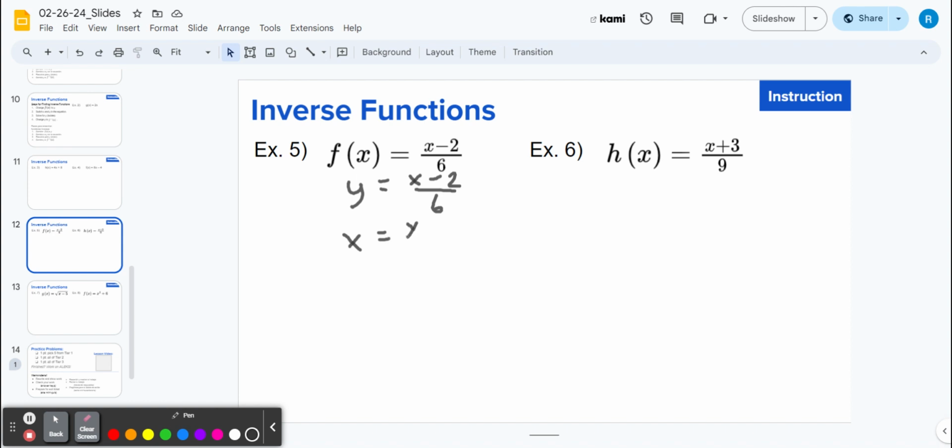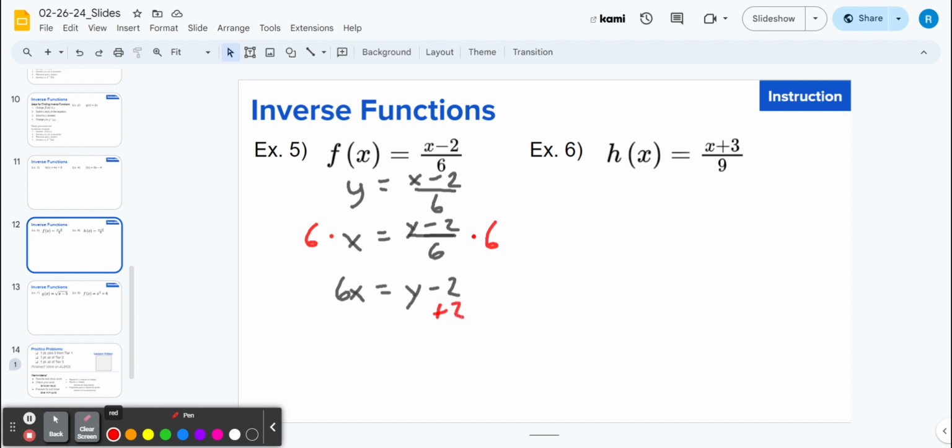X equals y minus 2 over 6. Now, since the entire equation is being divided by 6 first, before we subtract, we need to multiply by 6 on both sides in order to get rid of that fraction, that denominator there. So we're left with 6x equals y minus 2 after we do that.